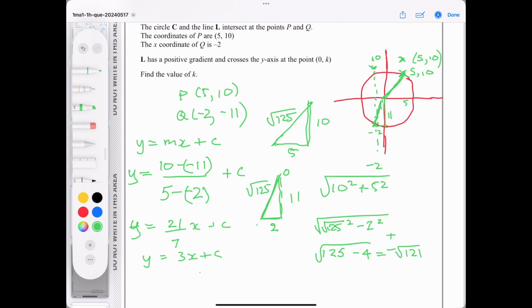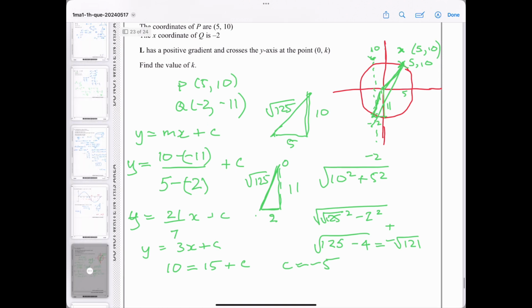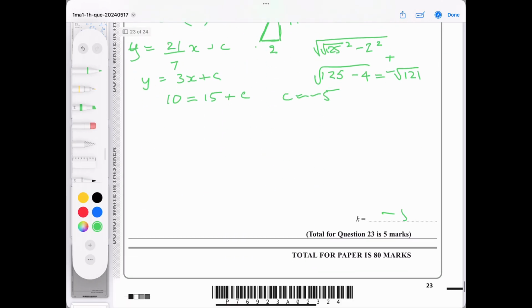To find c, let's put in 5 and 10, so 10 equals 15 plus c, so c equals minus 5, and that is where it crosses. Does that make sense? So it crosses there-ish, which actually makes more sense than my drawing would let on. And that is the end. I really hope that's right.